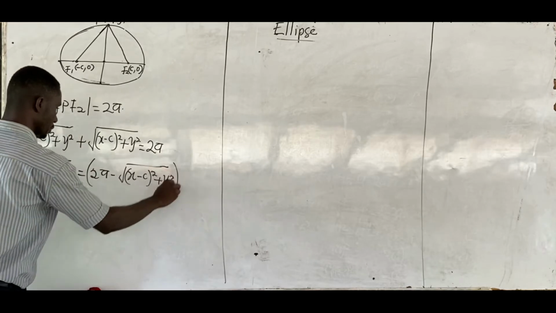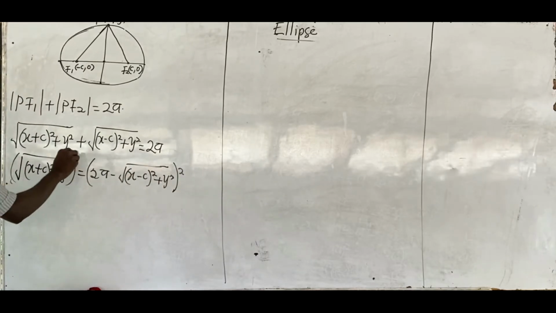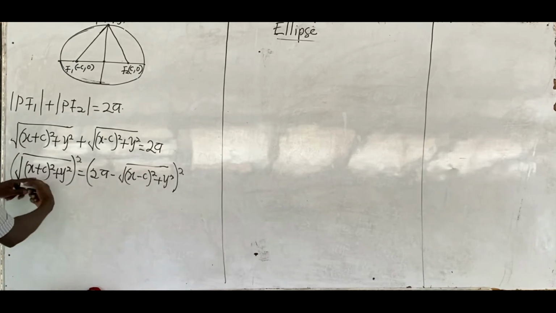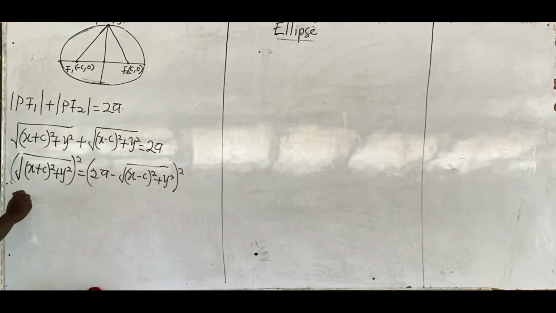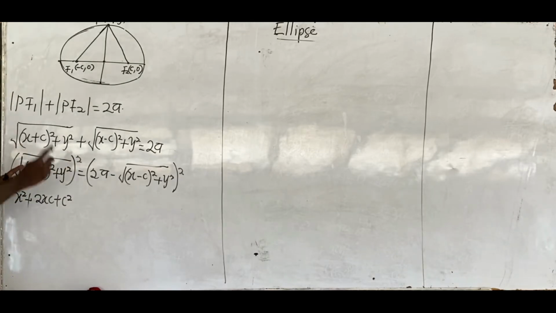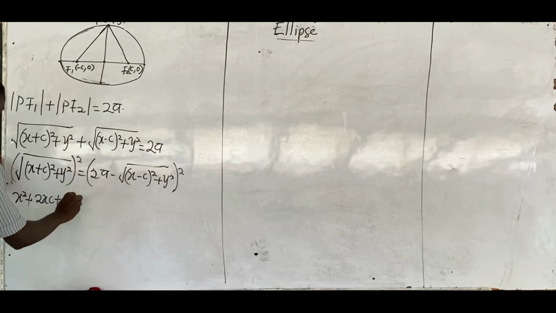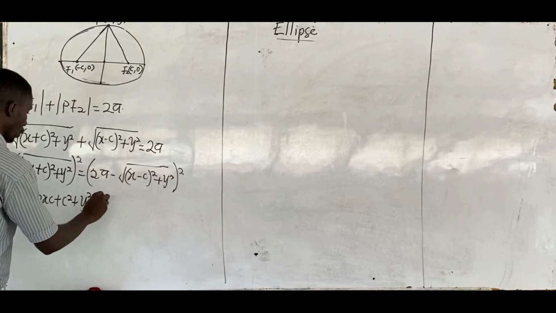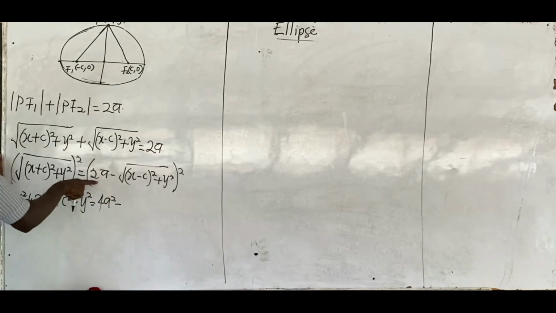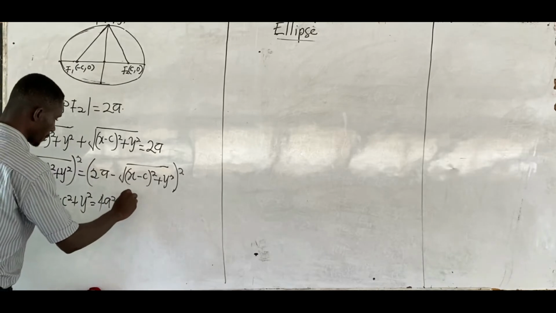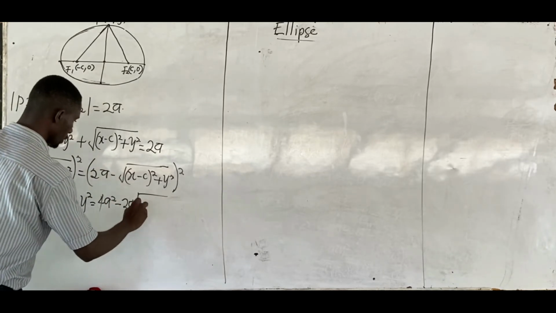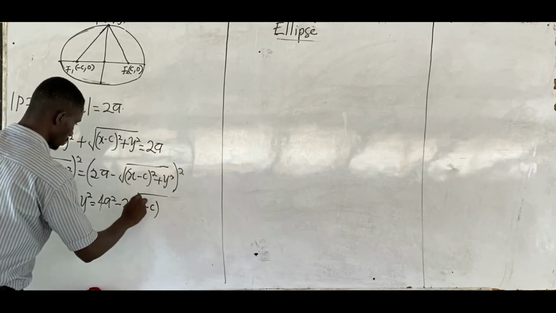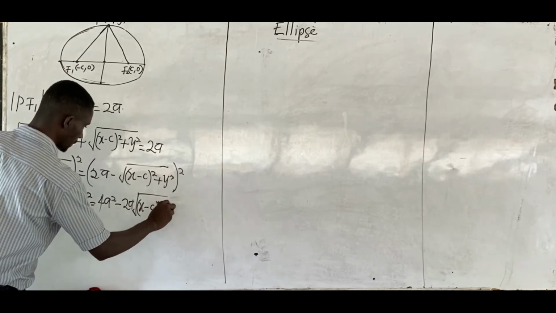Squaring both sides this way, the square root will be out. We are left with the expansion of what is inside, which will be x squared plus 2xc plus c squared, plus y squared, is equal to, you square this one, 4a squared minus 2a times the whole thing, which gives 2a times the square root of x minus c squared plus y squared.